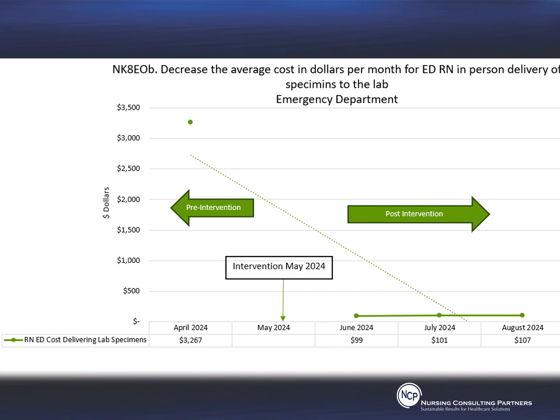Again, this came from the emergency room. So their y-axis is in dollars, and their x-axis is the RN cost of delivering specimens. So this was a redesign of a workflow example in the ambulatory area.